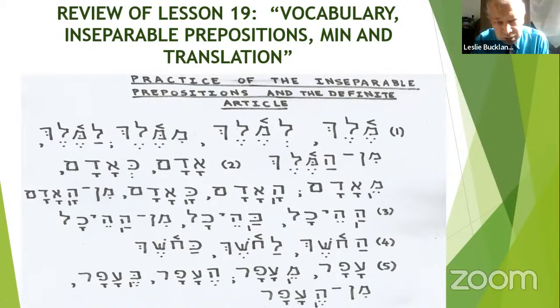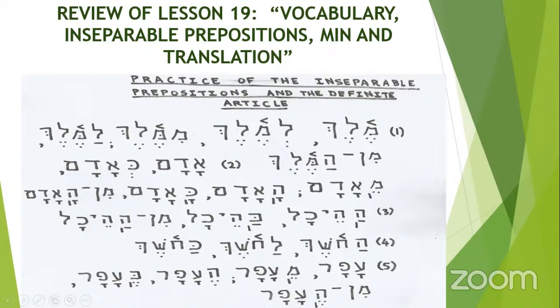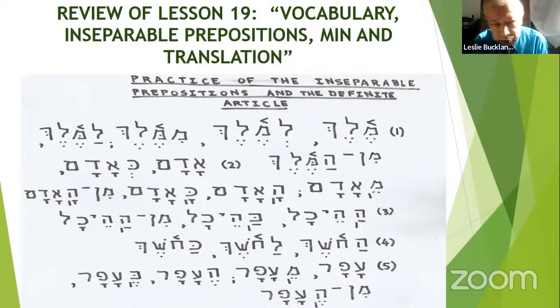Okay, now here is a case in which the min stands by itself. Brother Roy, can you translate what is left in number 1? It's min, then you have makef, which is binding or joining or connecting min to the definite article ha and to the noun melek. So there you have a case of the min standing by itself and not attached to the definite article nor to the noun, but just joined to it by the makef.